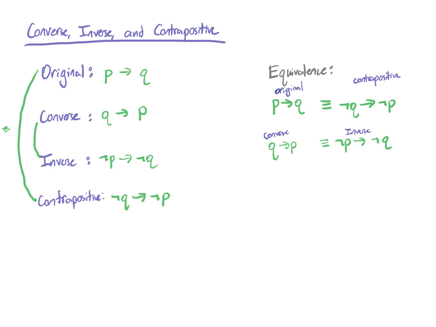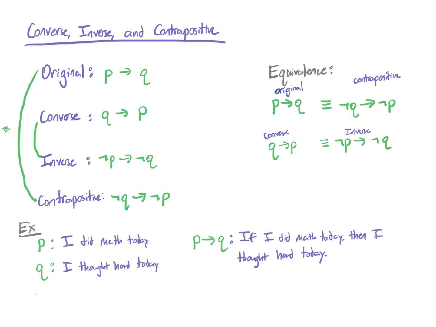Let's take a look at a little English example here. If P is the statement that I did math today, and Q is the statement that I thought hard today, P implies Q says, if I did math today, then I thought hard today.